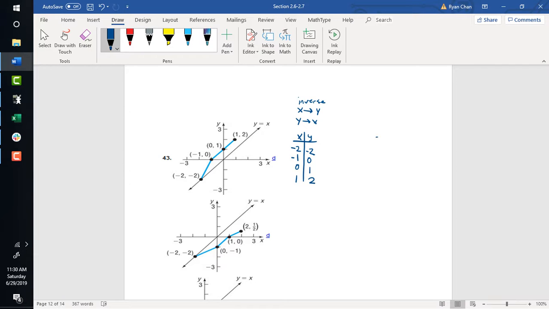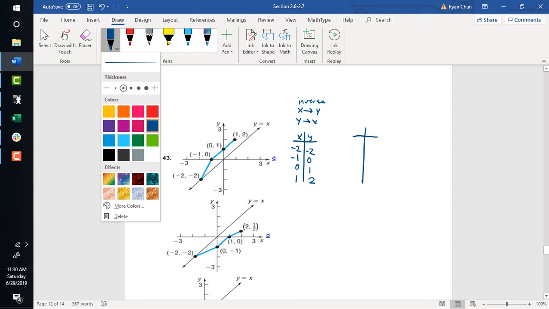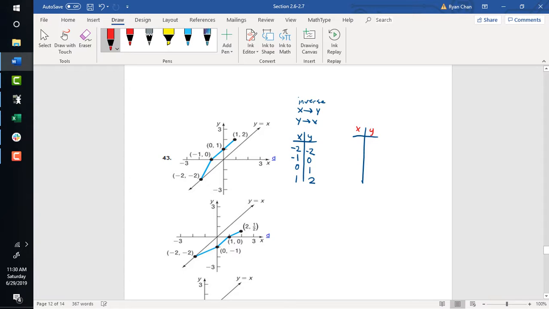So if I graph my inverse, what's going to happen? My x's and y's will flip. So -2, -2 will stay the same. -1, 0 will flip and now become 0, -1. 0, 1 will flip and become 1, 0. And then 1, 2 will flip and become 2, 1.